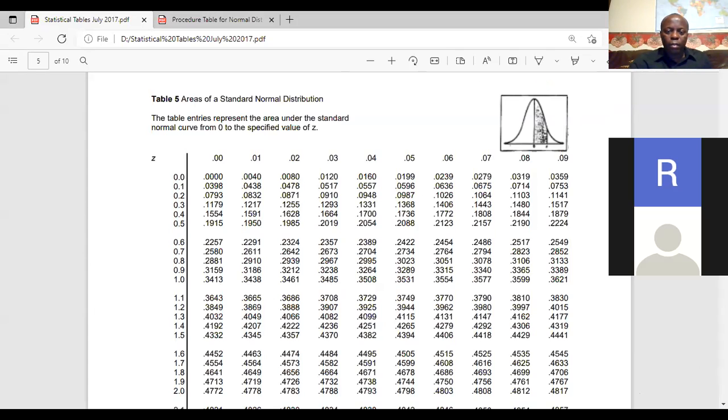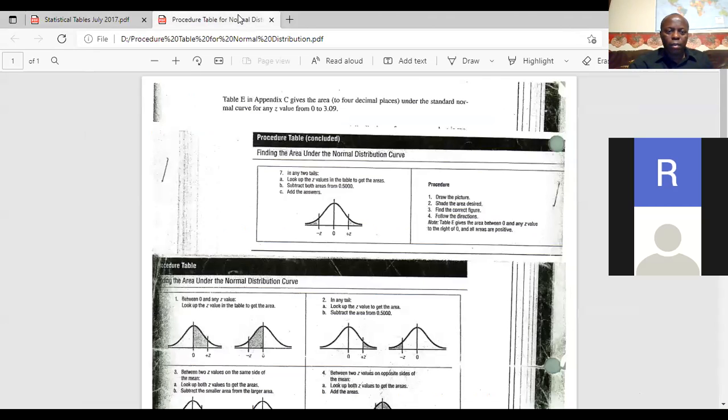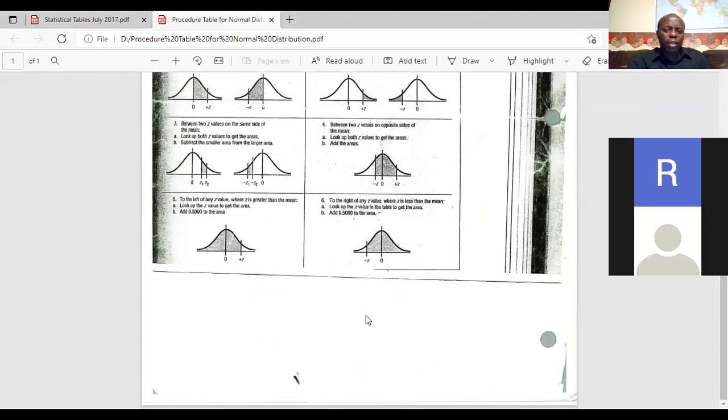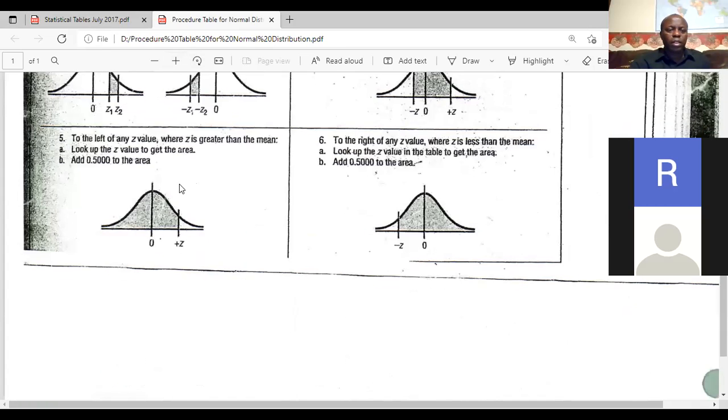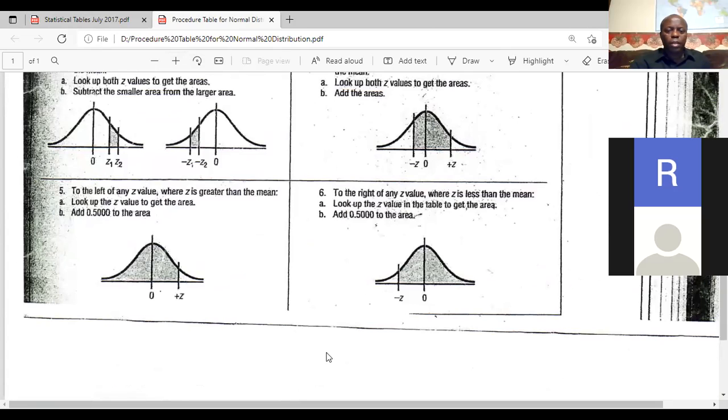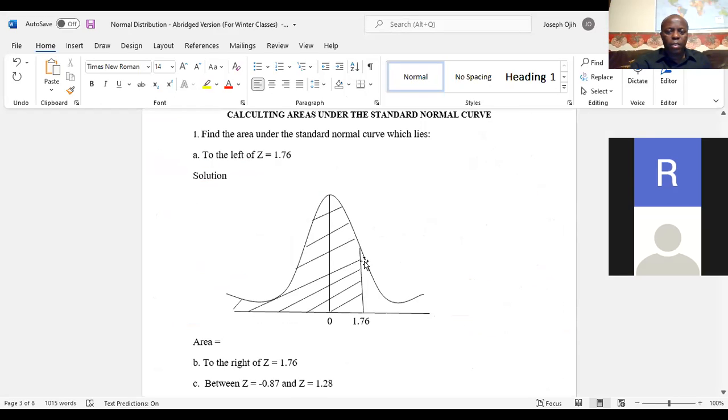Okay. Now I can still not see the procedure table. It's right here. Okay, let me put it right there. See, you can see that this shape here looks like the one we just drew. The one we just drew is here.